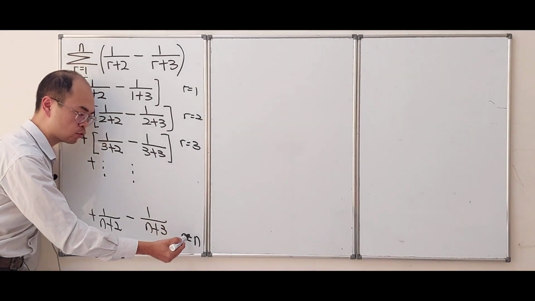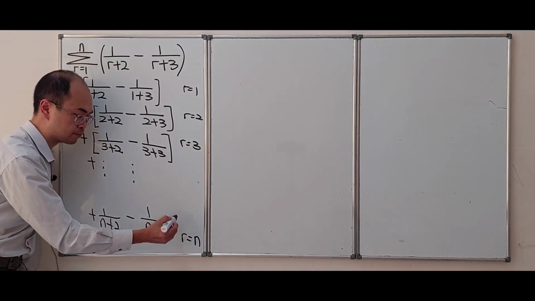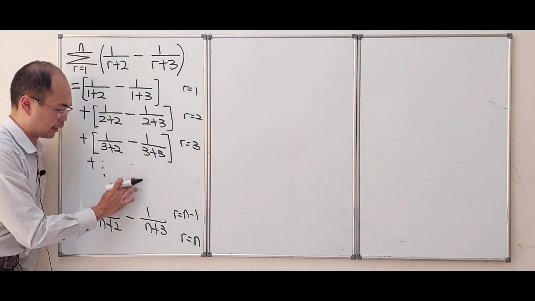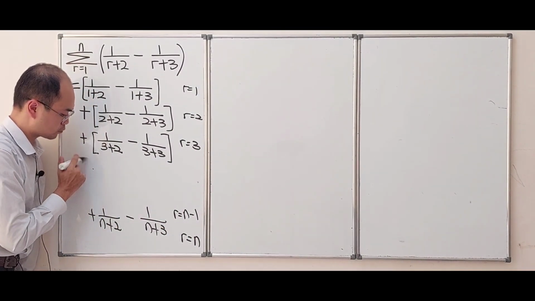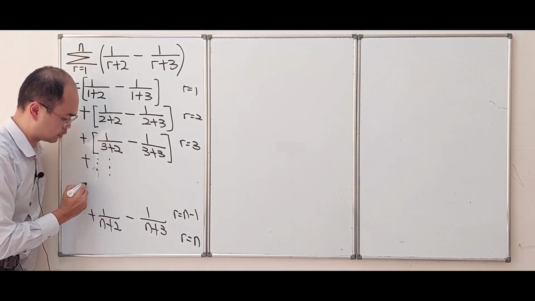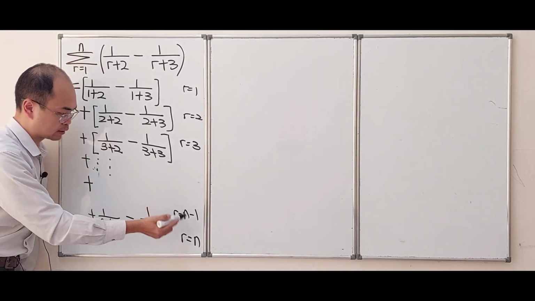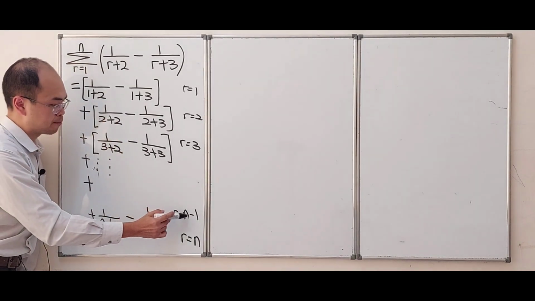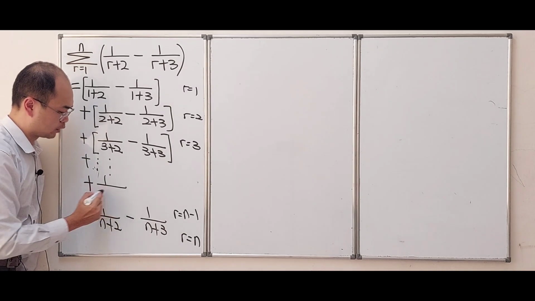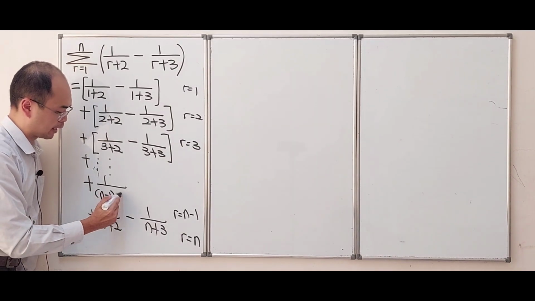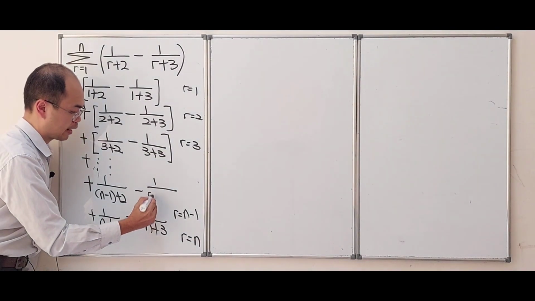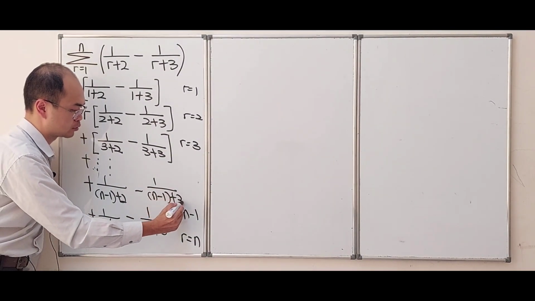Now we look at the term before the last term, so r equals n minus 1. The dots mean there is a continuation of addition in the series. I substitute n minus 1 here, so 1 over n minus 1 plus 2 minus 1 over n minus 1 plus 3.